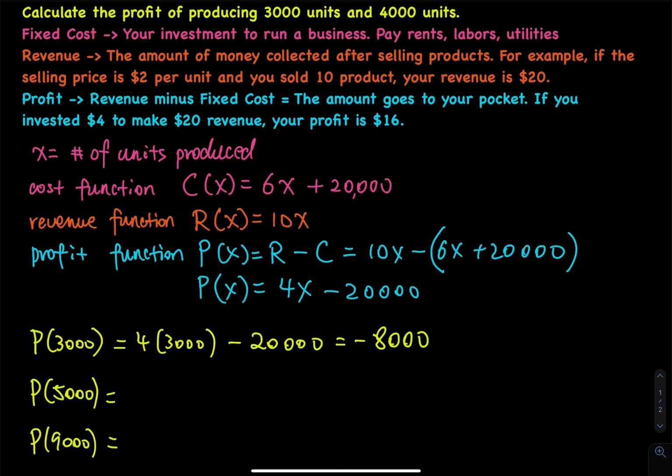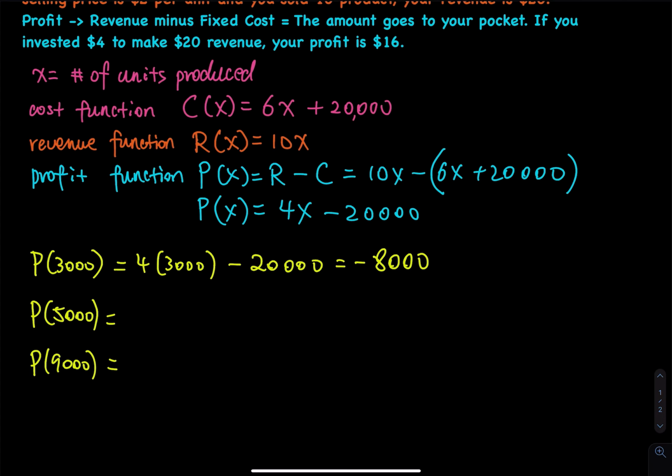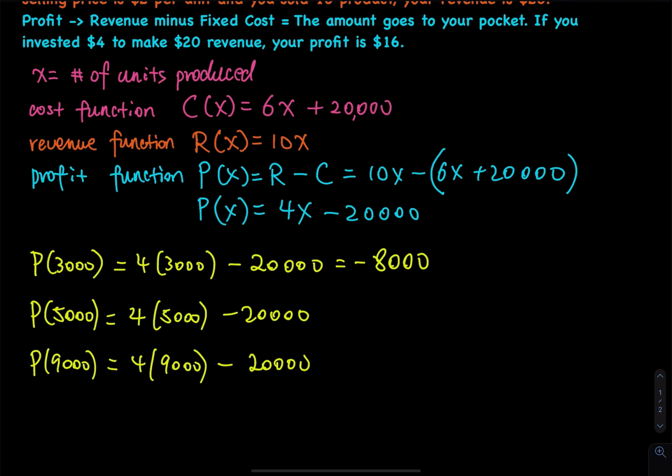But to make the problem more meaningful, I want to do the 5,000 and the 9,000 as well. So you have 4 times 5,000 minus 20,000, and then 4 times 9,000 minus 20,000. So this one is $0, and then this one is 16,000.